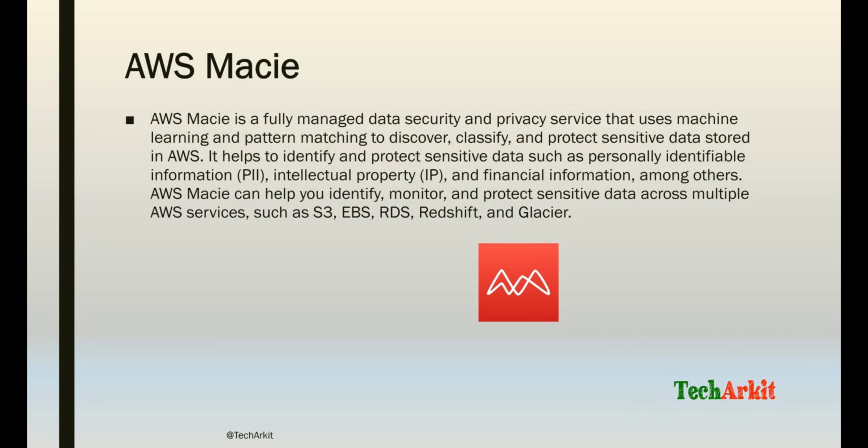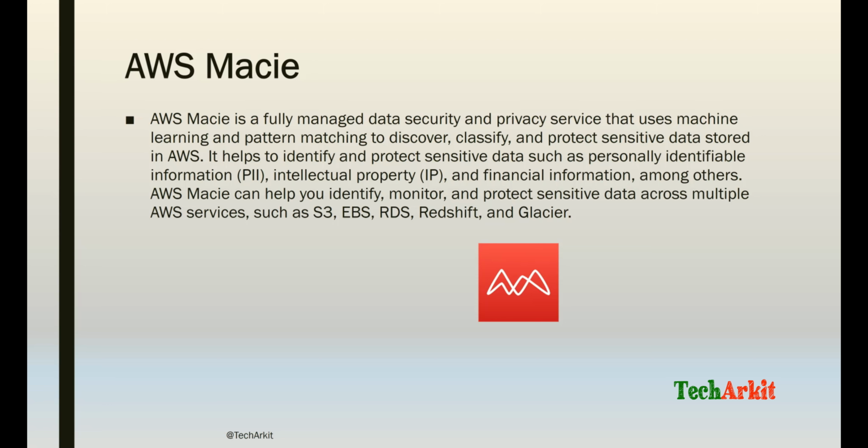Amazon Macie can help you identify, monitor, and protect sensitive data across multiple AWS services such as S3 buckets, where you store humongous amounts of your organization's data; EBS, where it can store the server data; RDS, where you store your MySQL tables or Oracle tables or any table that contains sensitive information; Redshift, which is used for warehousing information; and Glacier, where you archive the data.